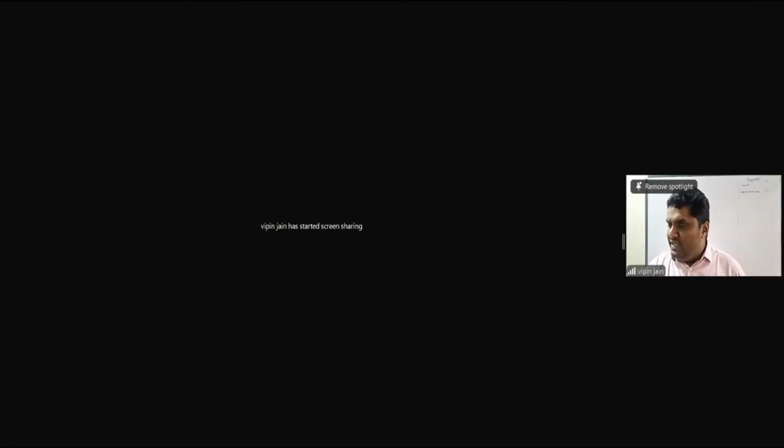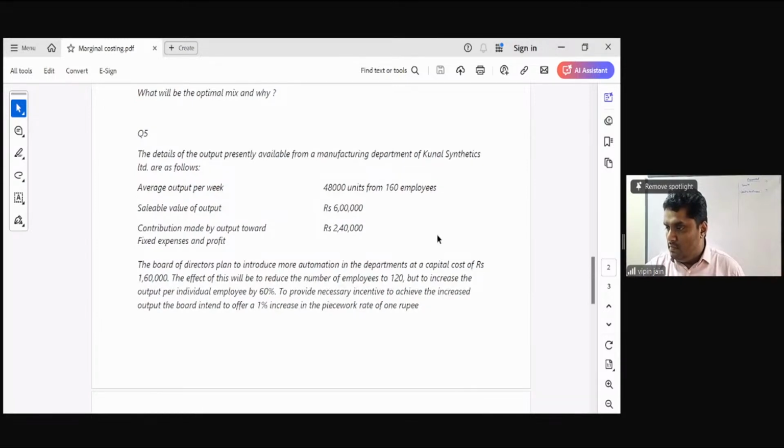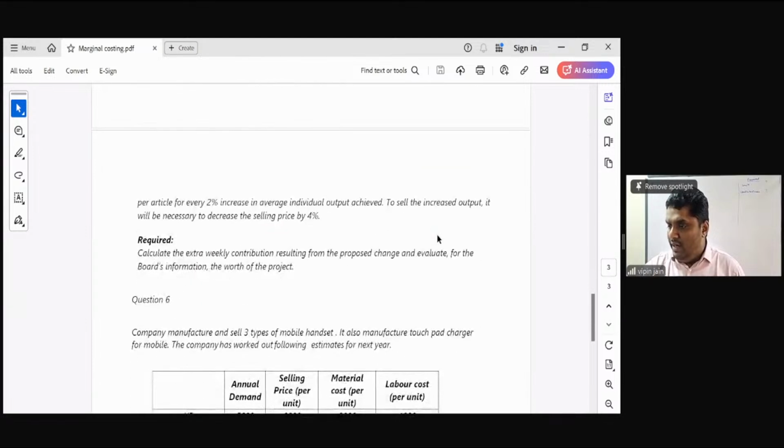Sabah Shakil, you can please take the screenshot. This is the first page. Please take the screenshot. And this is the second page.